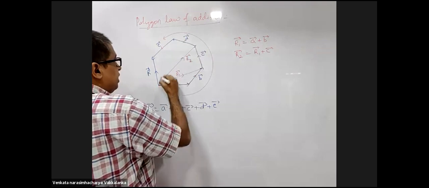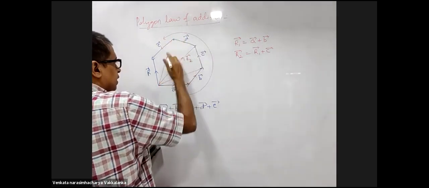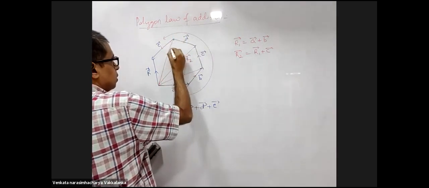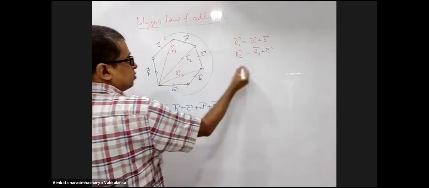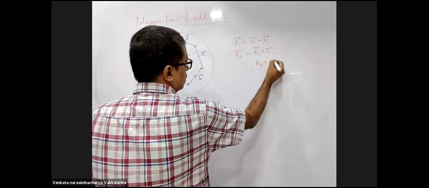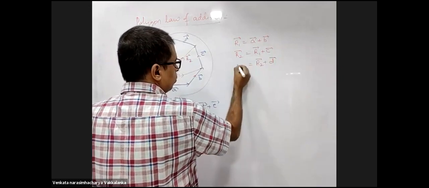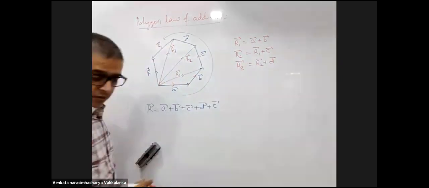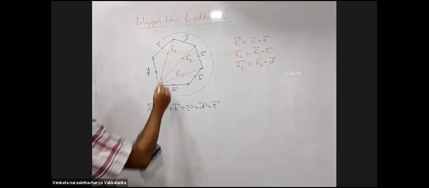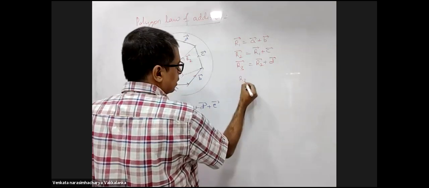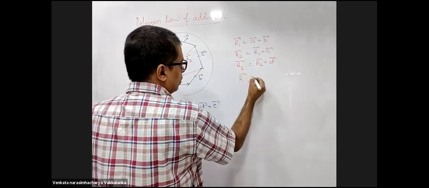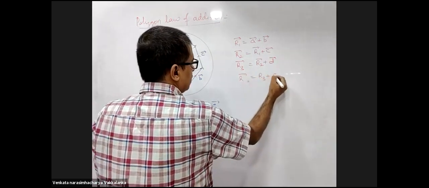R2 plus D will be R3. R2 plus B will be equal to R3. R3 plus E will be equal to R. R will be R3 plus C.